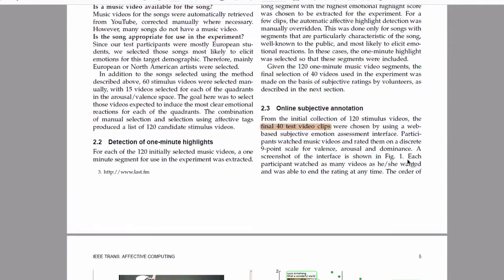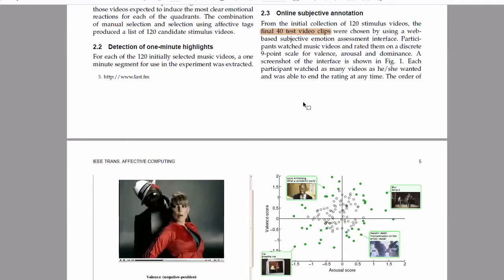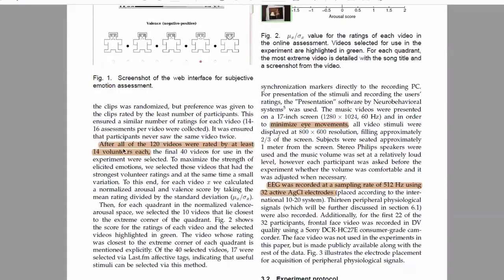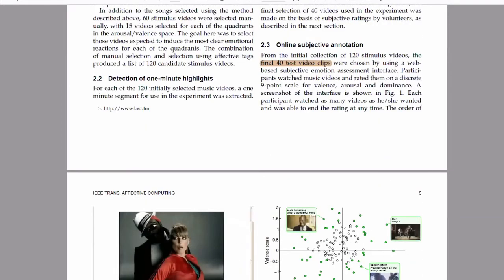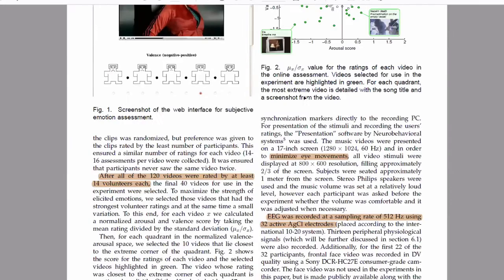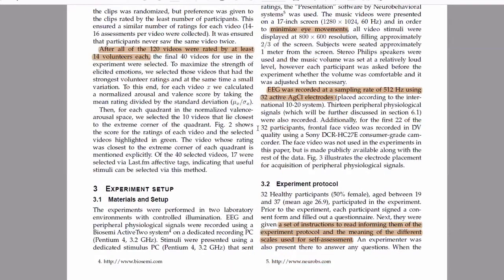Overall, it's 1 minute. Finally, they select 40 test videos, and this selection is from an initially selected 120. They did an online test with 14 volunteers, and it was finalized to 40 music videos.